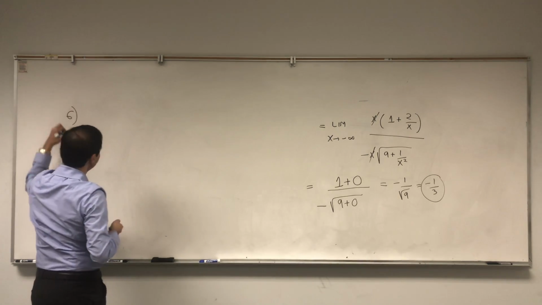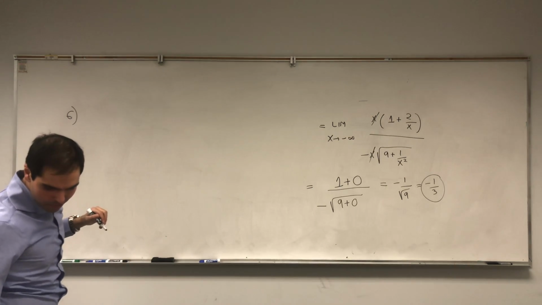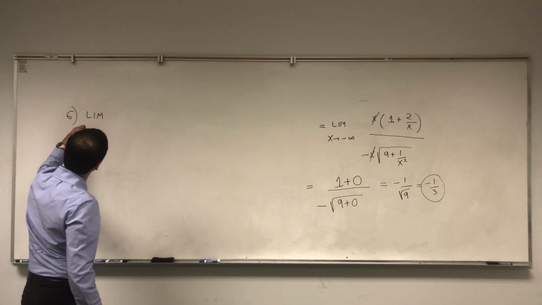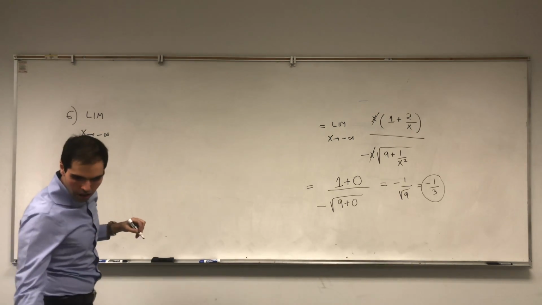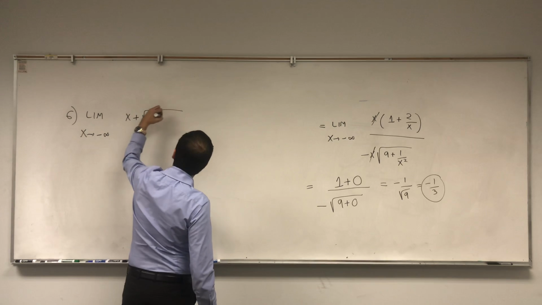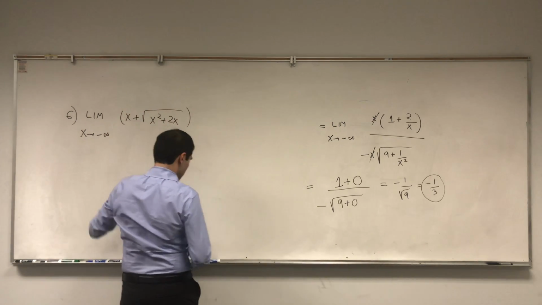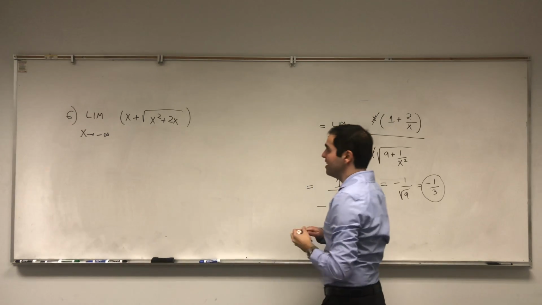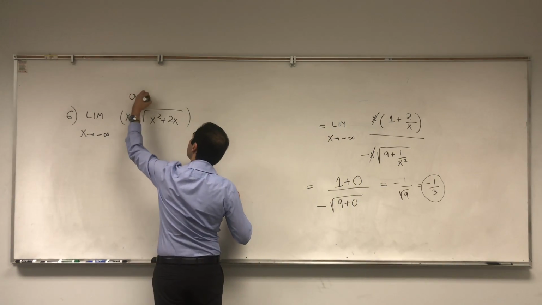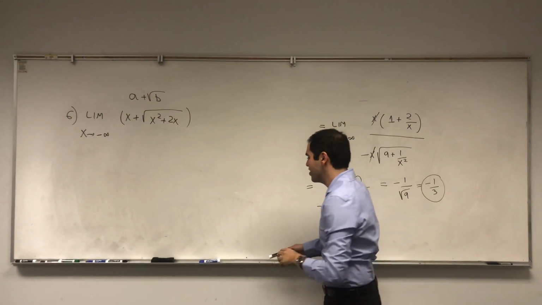So question 6. What about the following? Again, still another minus infinity, limit x goes to minus infinity of x plus square root of x squared plus 2x. Well, the trick is, because it's of the form a plus square root of b, the trick is to multiply by the conjugate form.